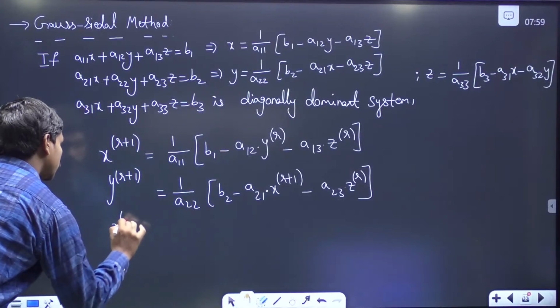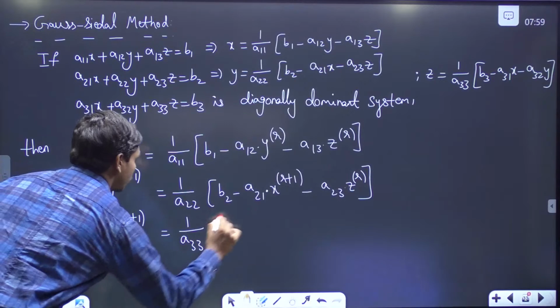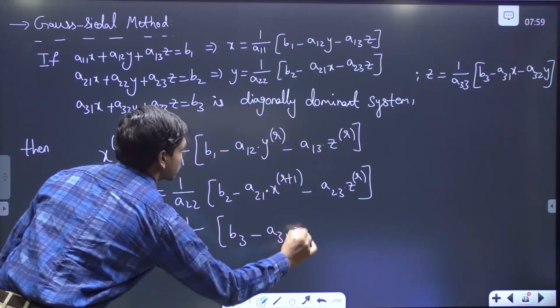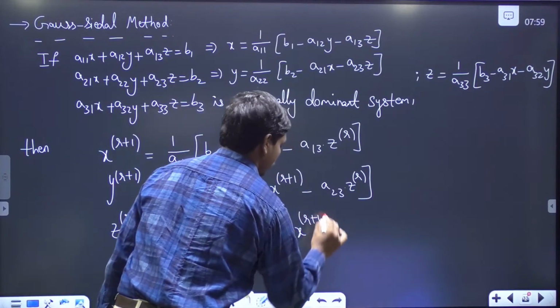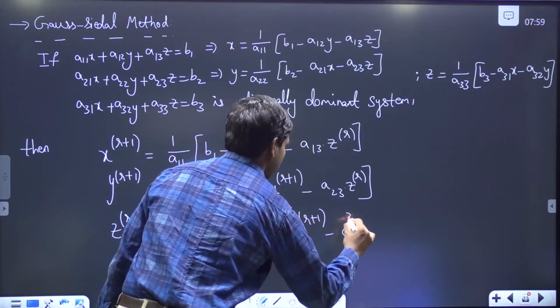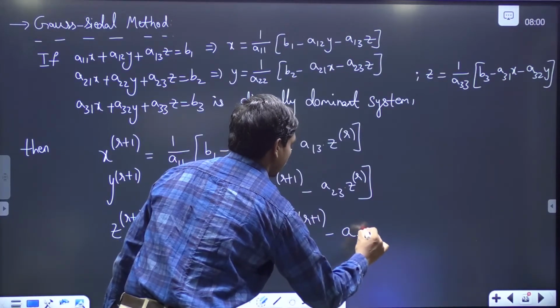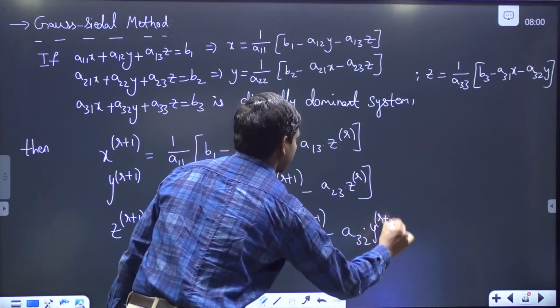And z(r+1) is equal to 1 by a33 into b3 minus a31 into the x(r+1) iteration value minus a32 into the y(r+1) iteration value.